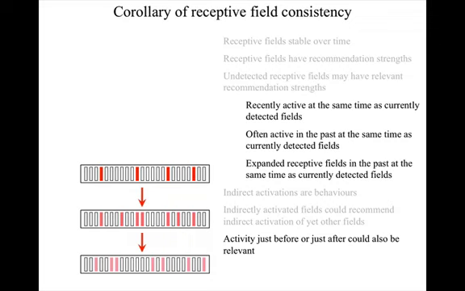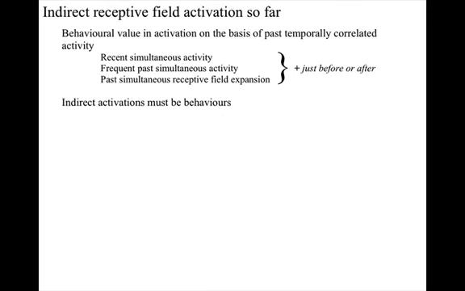And sequences of indirect activations of different types could provide different routes to access the recommendations needed. So we've identified a range of possible situations in which indirect activation of a module might be behaviorally useful, even if its receptive field isn't there in current sensory inputs. And we've concluded that these indirect activations are themselves behaviors that have to be carefully managed.